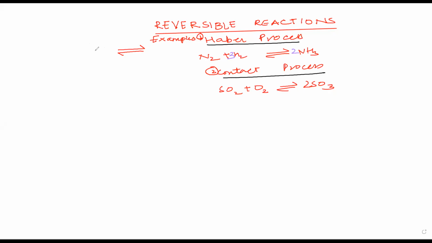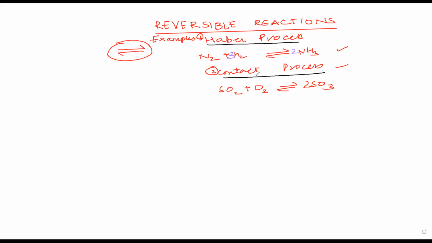As I've said in the introduction, the reversible reactions are the ones which go in the forward direction as well as in the backward direction and are represented by a double-headed arrow. Now let's see the first scenario where nitrogen and hydrogen combine together to give you ammonia. But as soon as a certain concentration of ammonia is formed, the ammonia will break down to give you nitrogen and hydrogen.